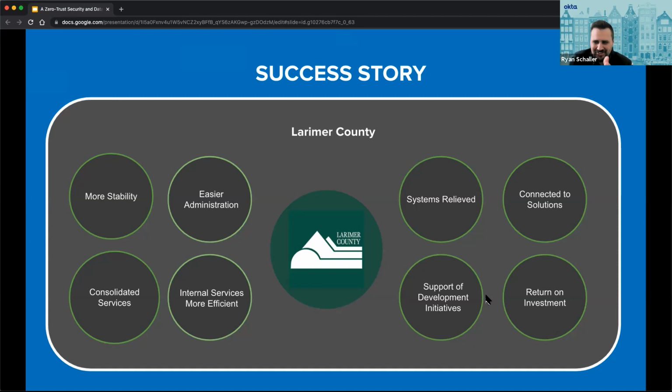I have to connect all of these systems together to work seamlessly so that a staff member doesn't have to bug, I'll use Brittany and Rita again, but Brittany, I don't have to bug you to get access to the database that has the application that I'm supporting for the county. I can get that a little bit more automated based off of security policy and consolidating these services.